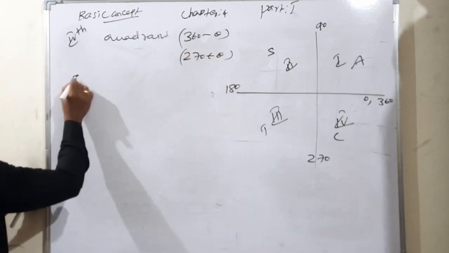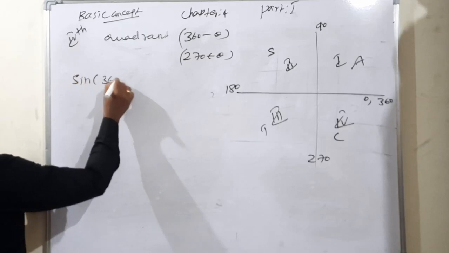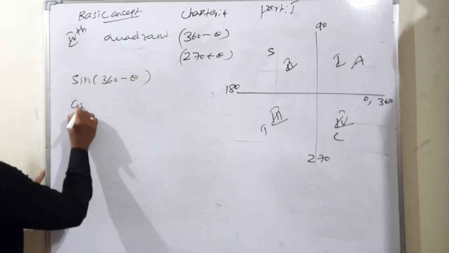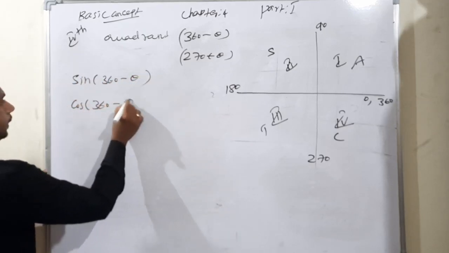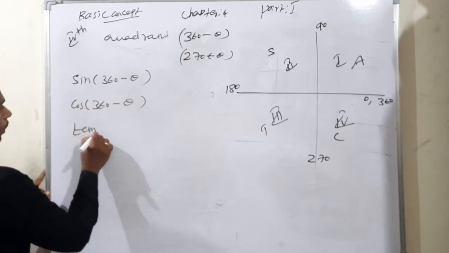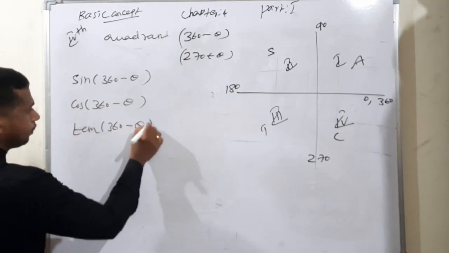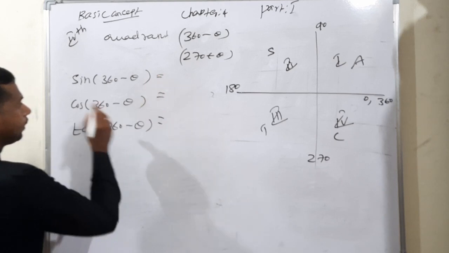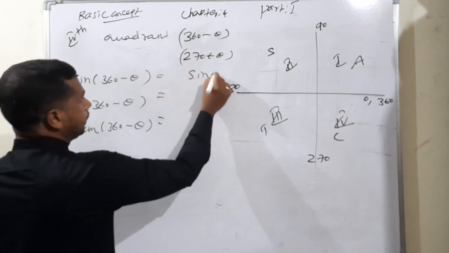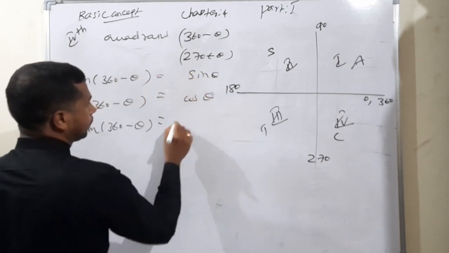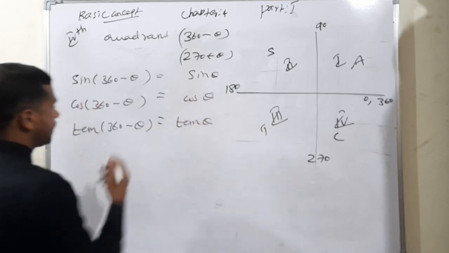First one, sin 360 minus theta, again cos of 360 minus theta. Next one, tan 360 minus theta. This is horizontal, same name. This is also sin theta, second one also cos theta, third one also tan theta.